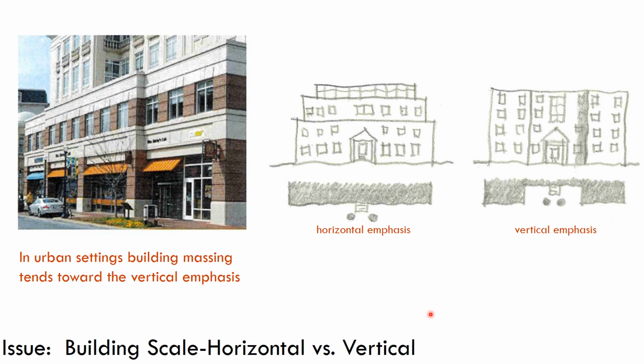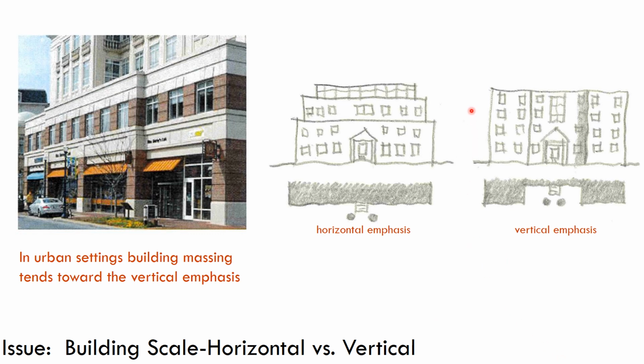We could also talk about the idea of how a building is massed and articulated in terms of whether it seems horizontal or vertical. Now, in urban settings, buildings traditionally have had more of a vertical organization, whereas in a suburban location, you may find that there's much more of an emphasis on horizontality. We can see that at work here on the right.